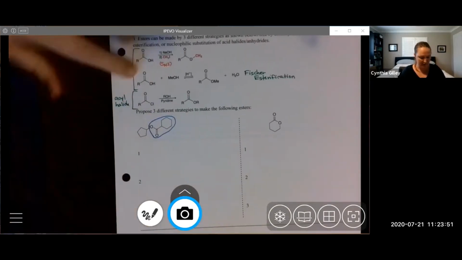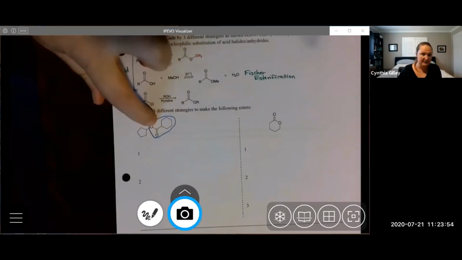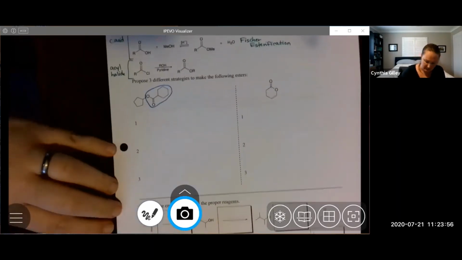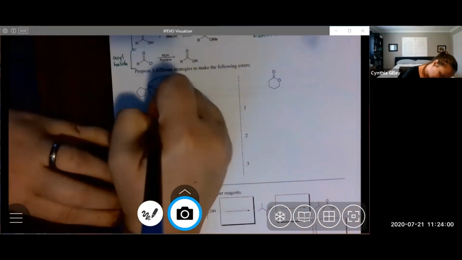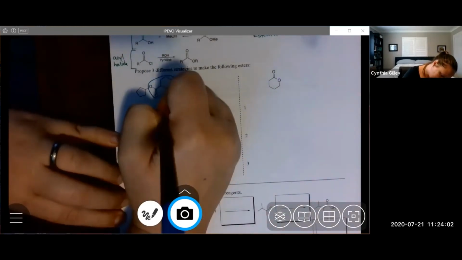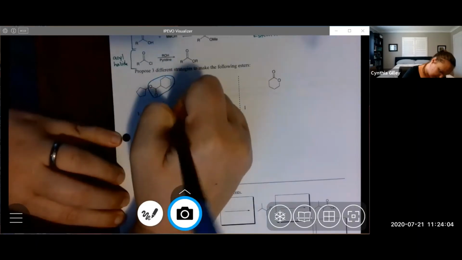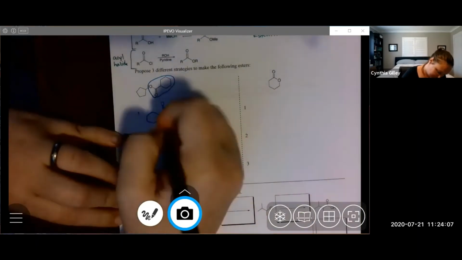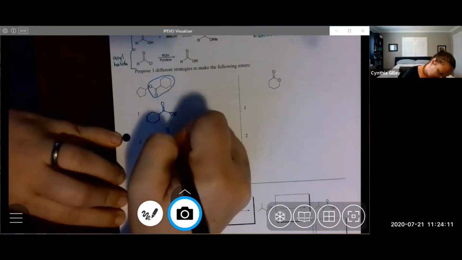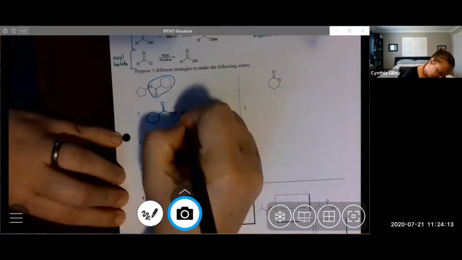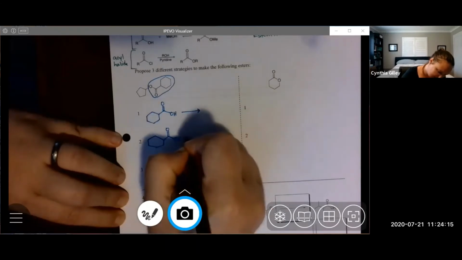So we want to figure out what side was the carboxylic acid, and we will go ahead and draw that. In this case, we're starting from cyclohexane carboxylic acid in both cases. And we can do either the acidic conditions or the basic conditions.